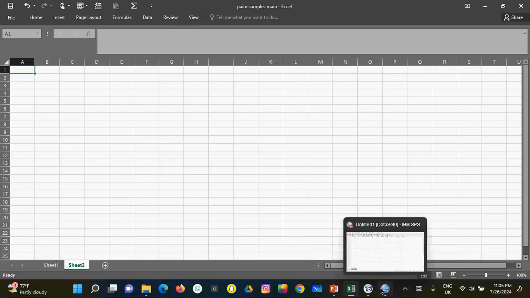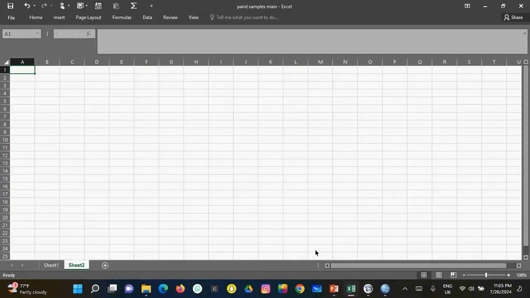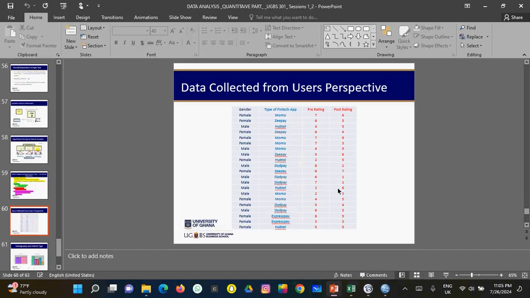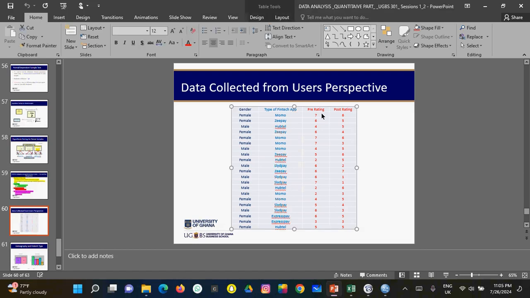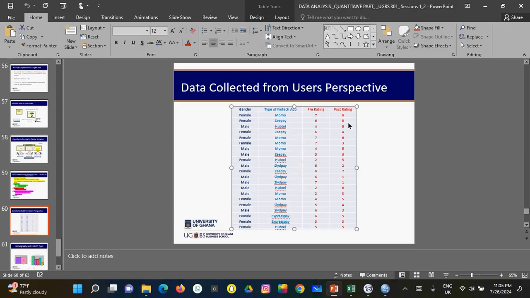All right. So now let's copy this from the slides and then paste it in our Excel. You can just click on it, right click, and click on copy, or you can press Ctrl+C on your keyboard.